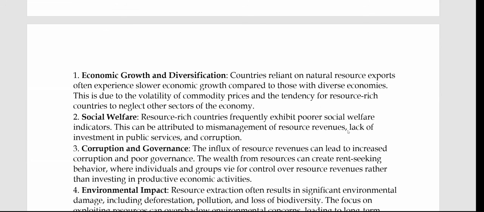Two, social welfare. Resource-rich countries frequently exhibit poorer social welfare indicators. True or false? True. Can you throw more light on it? How do we experience social welfare problems?